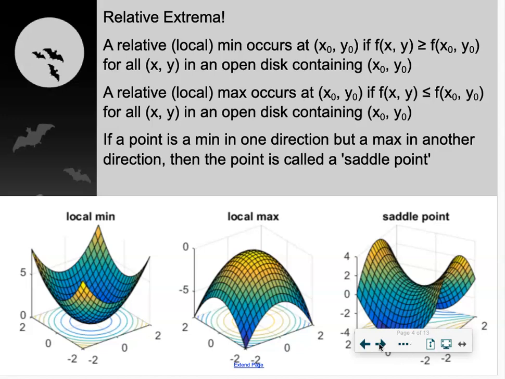When you have a relative or local min, it's very similar to last year when we did it in 2 dimensions. If we have a function like this, this point right here would be a relative max.